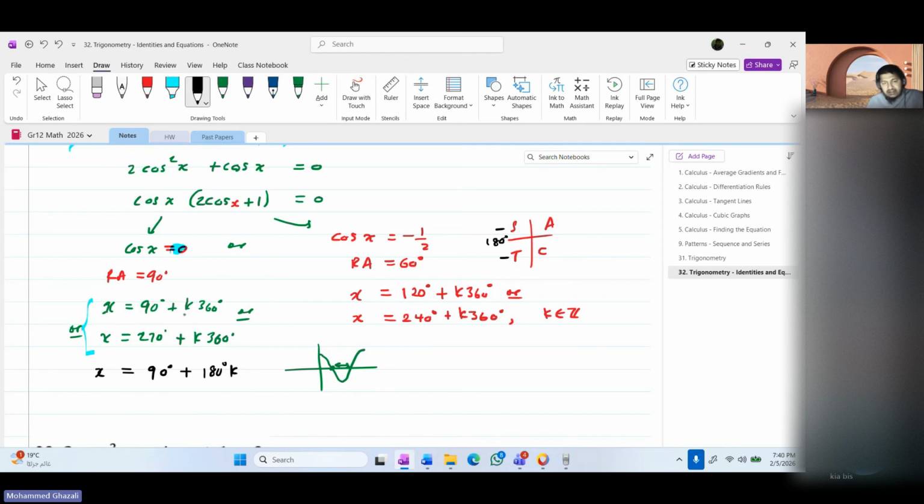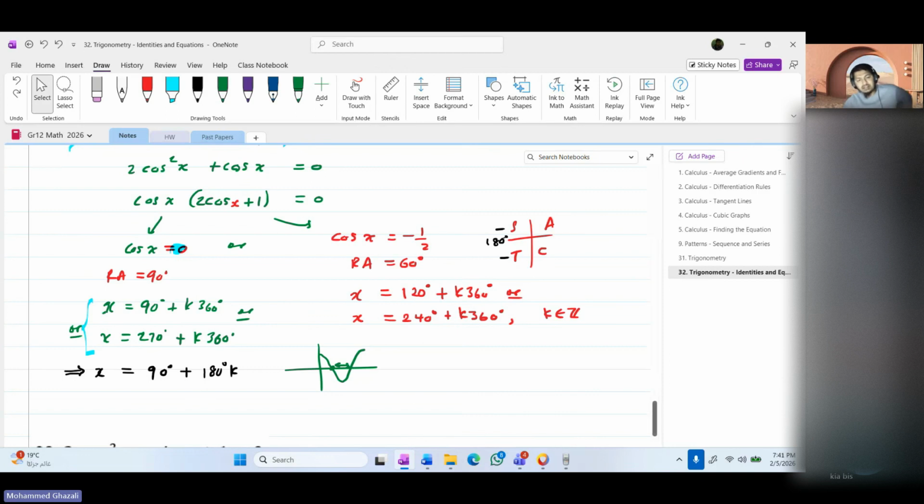From the CAST diagram you'll end up with 4 solutions. If you combine these, you get 90 plus 180K. So either you write down those 4 using the CAST diagram only, or if you're using trig graphs, it's easier to write down 90 plus 180K.